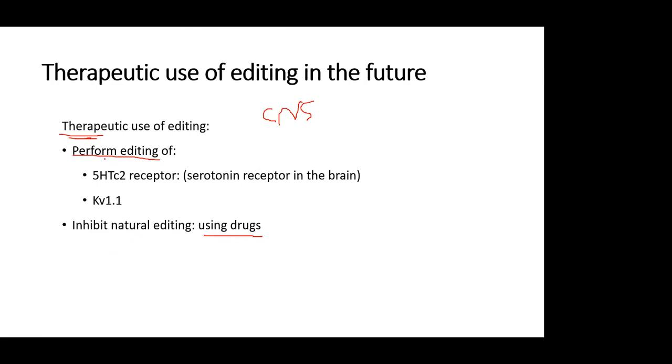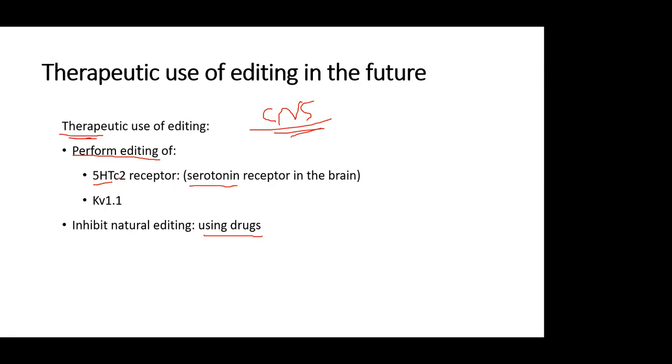If they're going to perform some editing, especially in the CNS, what are the examples? One of the examples is something called 5-hydroxytryptamine receptor type C2. 5-hydroxytryptamine is a fancy name for serotonin.